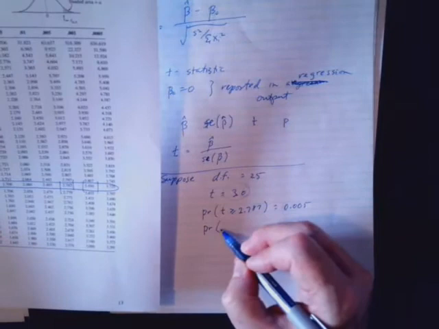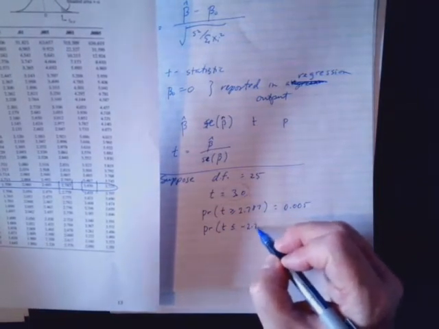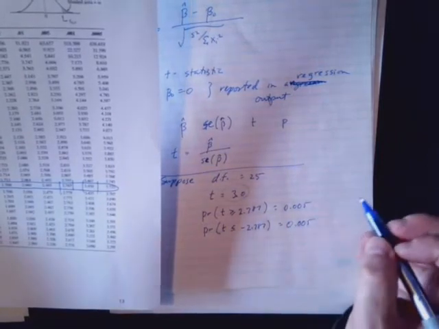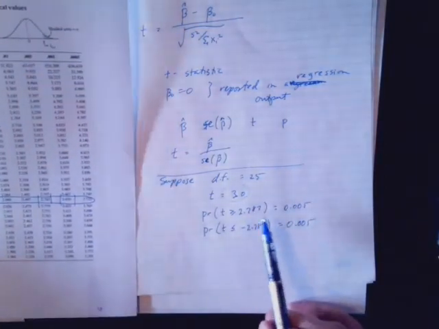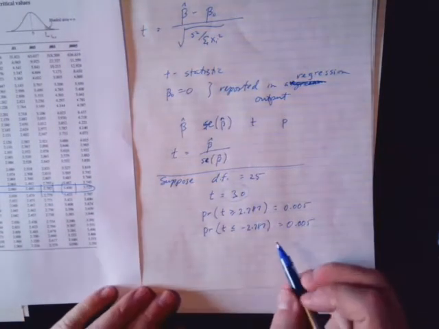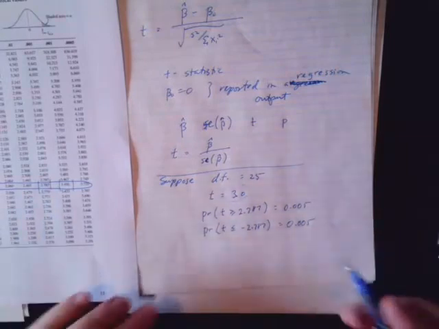And symmetrically, that means the probability that t is less than or equal to minus 2.787 is 0.005. So that means that the 99% confidence interval is bounded by 2.787 either way.